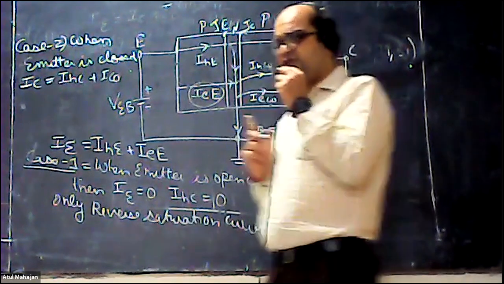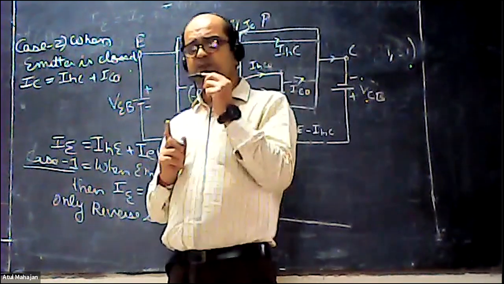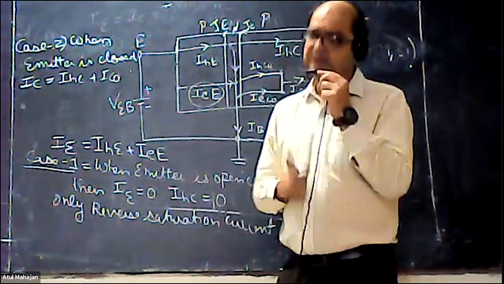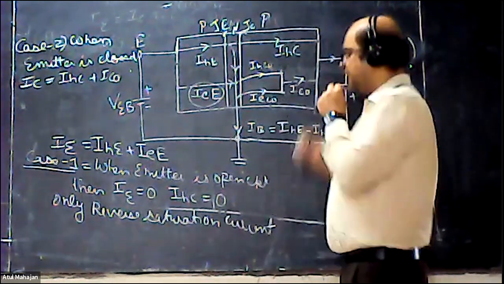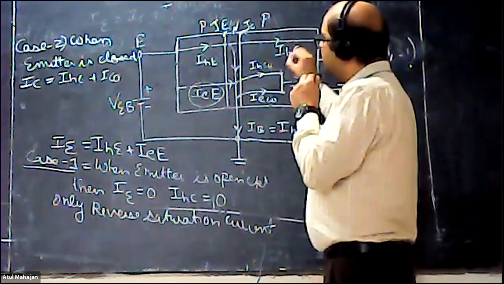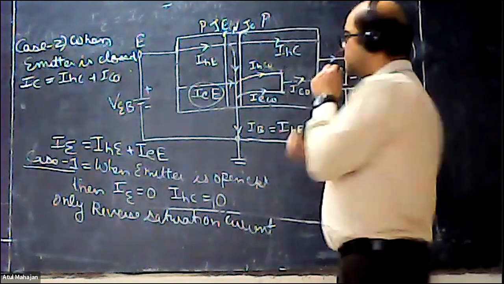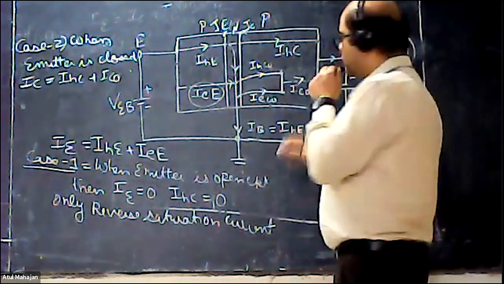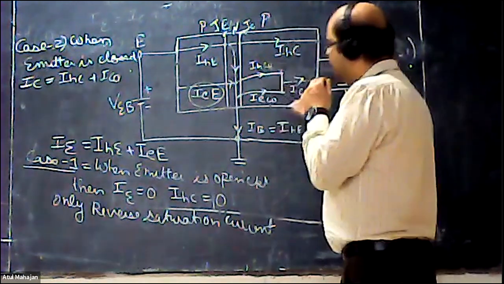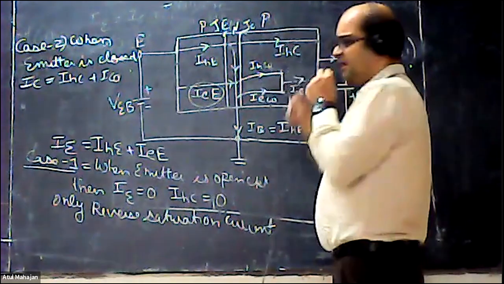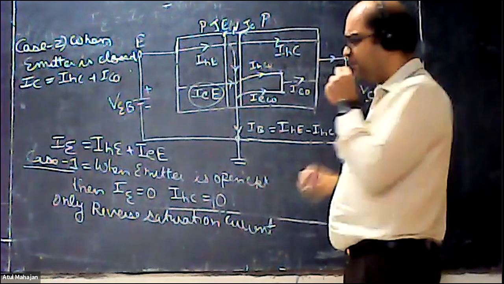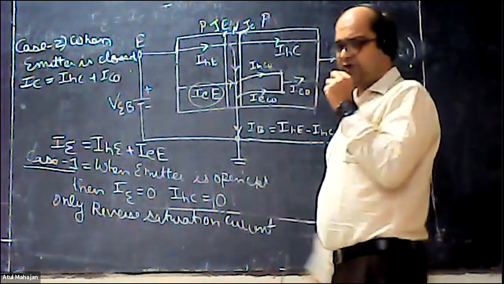And reverse saturation current is produced because of the flow of minority carriers. Minority carriers in the p-type material of the collector are the electrons. So the dark current is produced because of the flow of minority carriers.